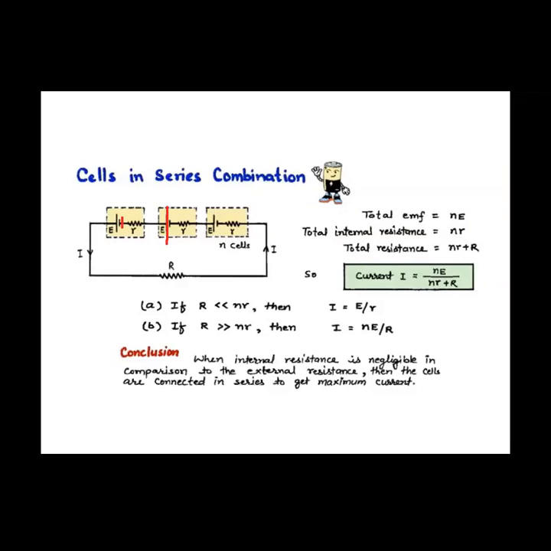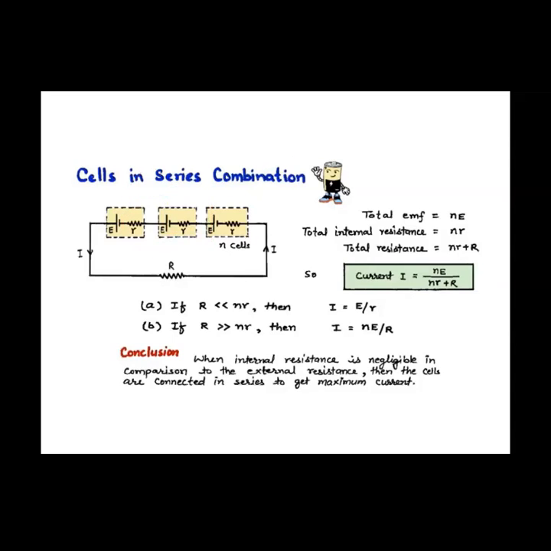The negative of cell number 2 is connected to the positive of cell number 3, and so on. So when the negative terminal of one cell is connected to the positive terminal of another cell, and so on, then the cells are said to be connected in series.